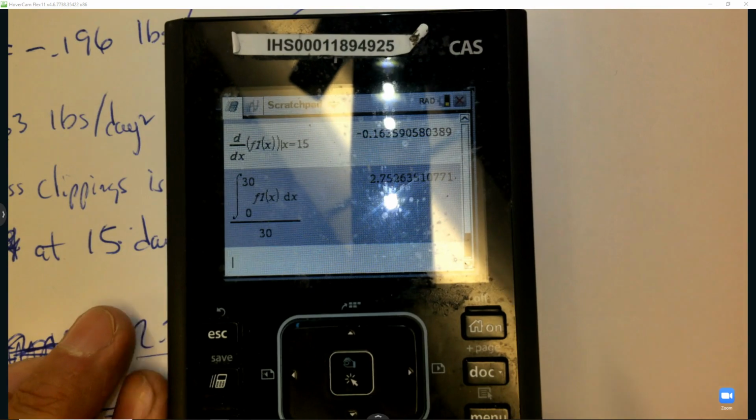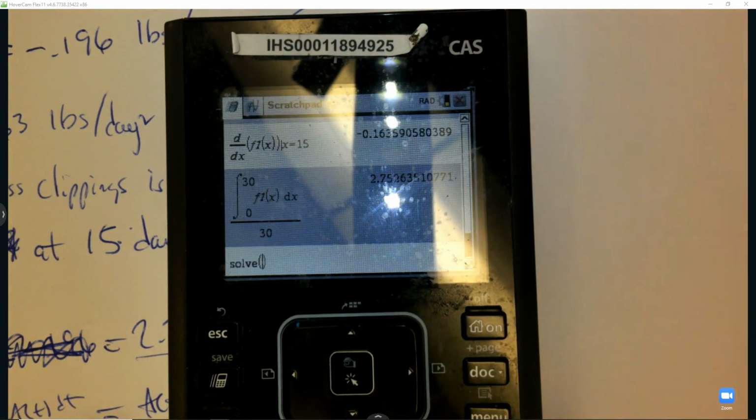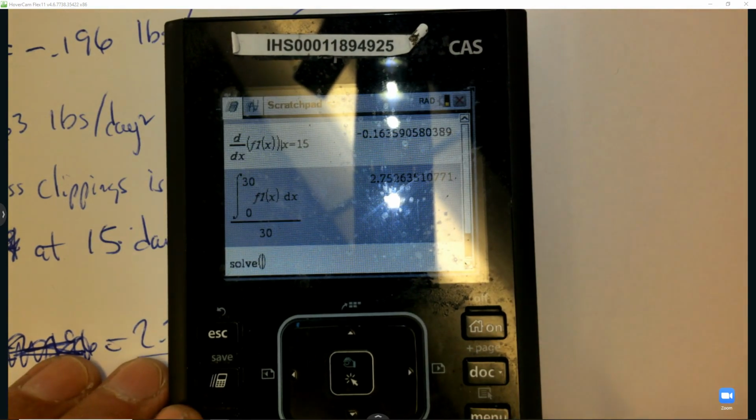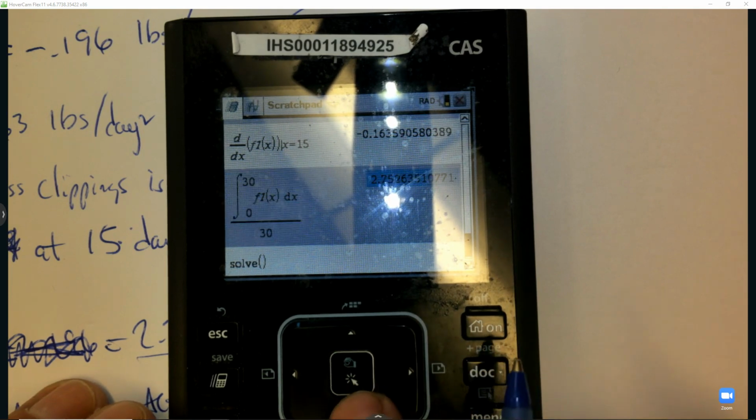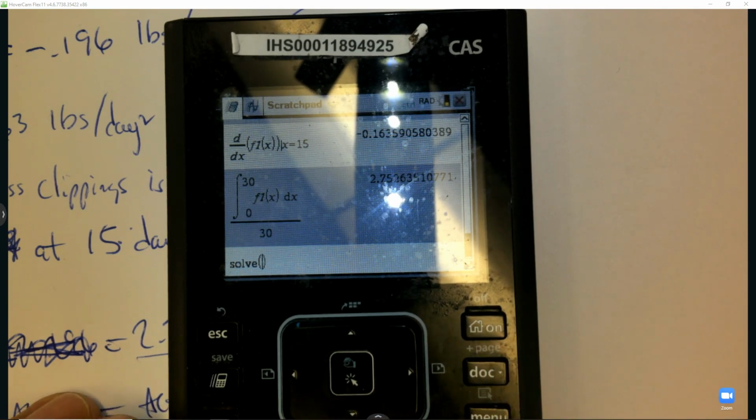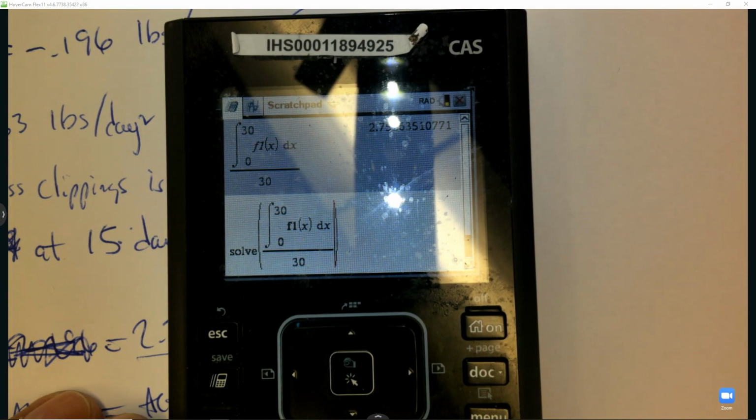Let's see if that is really what they want, because the answer didn't match on the answer key. So I'm going to go menu, algebra, solve. And then I'm going to put this in. I'm going to go control, what's copy again? Is it control C? And then I'm going to go down and go control V. Does that work? Yay. All right.